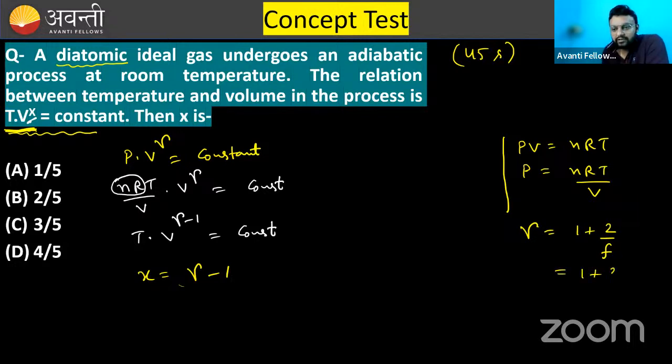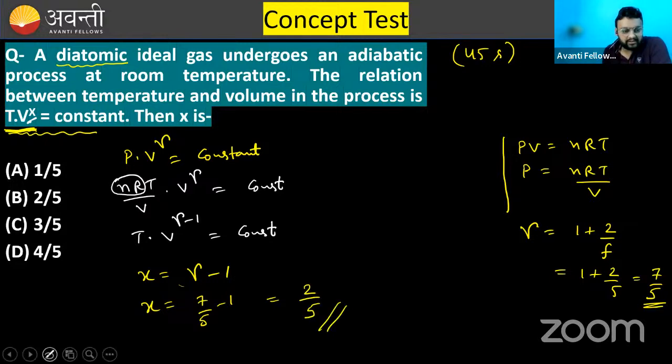That means 1 plus 2 by 5, that is 7 by 5. That's what gamma is. So X is what? 7 by 5 minus 1, that is 2 by 5. So which option is correct? Option B is correct here.